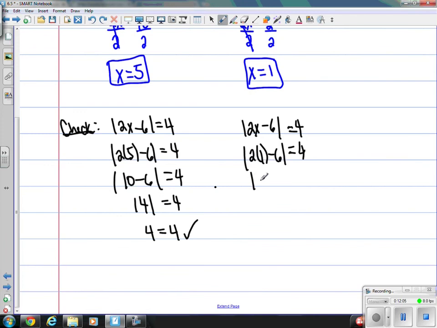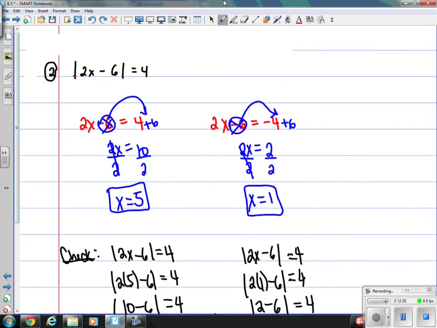So the absolute value of 2 times 1 is 2, minus 6. 2 minus 6 is a negative 4, so the absolute value of negative 4 equals 4. Remember, absolute value can never be negative, so the absolute value of negative 4 is positive 4, and we check. So once again, these are both our answers. We have x equals 5 and x equals 1 as our solutions.